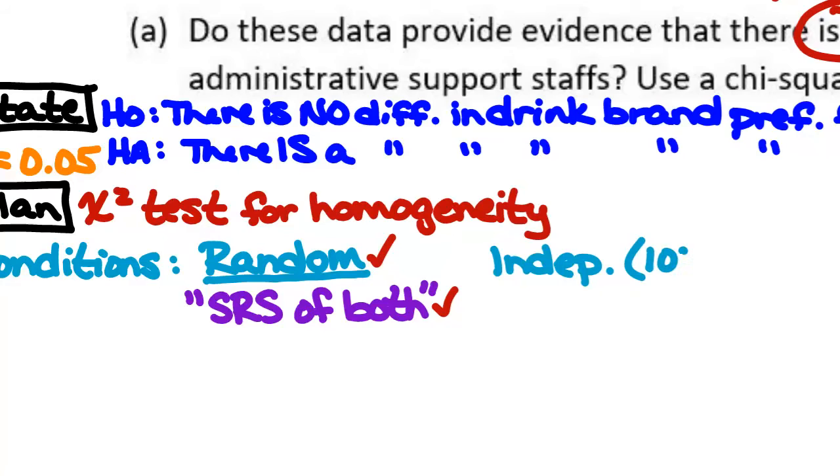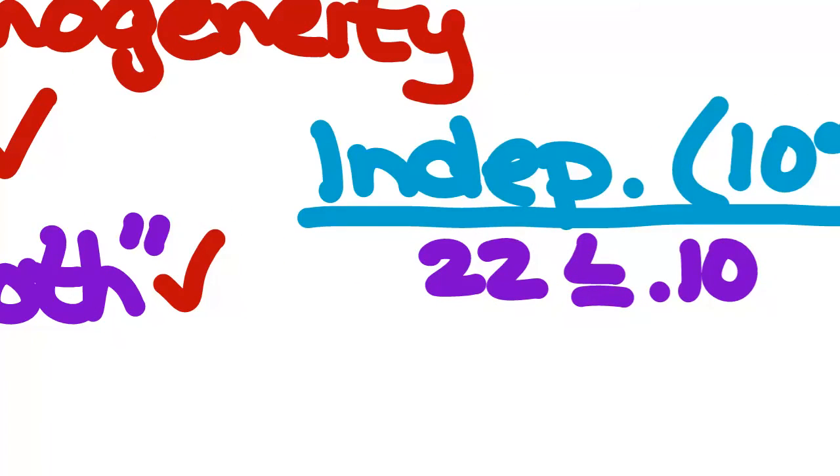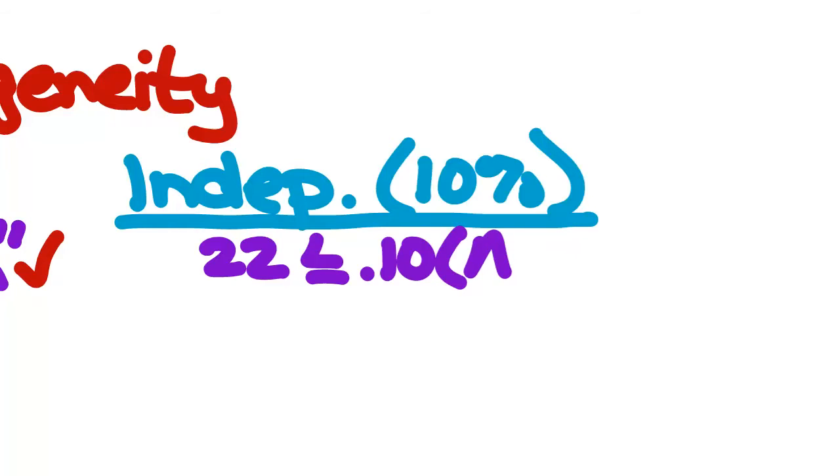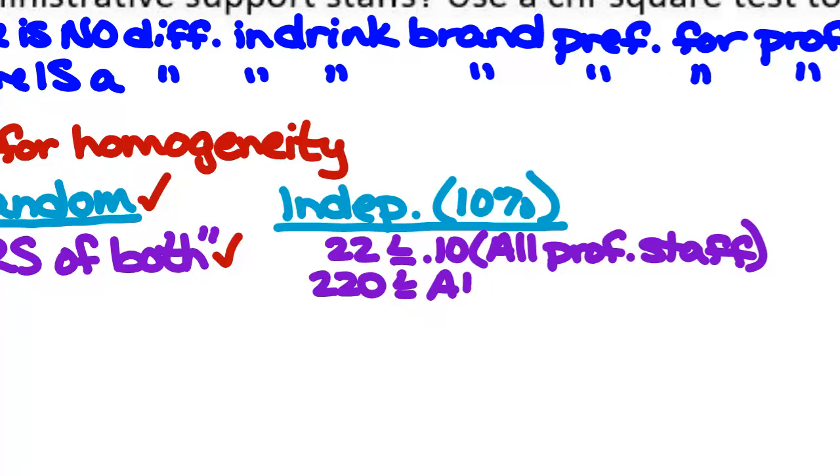Independence 10% condition, we have to check both of our samples. How many professional staff were surveyed? 22. So 22 needs to be less than 10% of all professional staff. So as long as there's 220 professional staff, we are all good there.